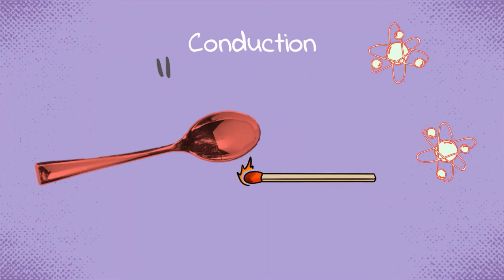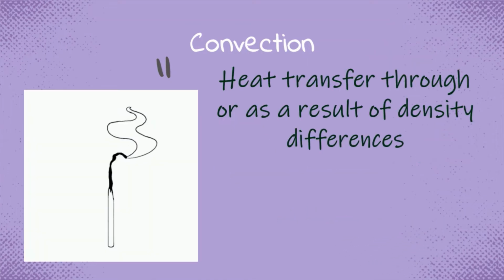Energy from the flame is causing the molecules within the spoon to vibrate, and that is transferring energy from one to the next until the entire spoon has warmed up. The heat has transferred throughout the entire material. Conduction is going to happen most effectively in solid materials.